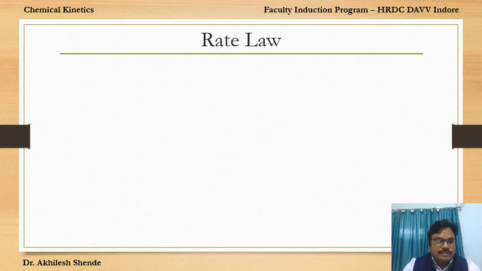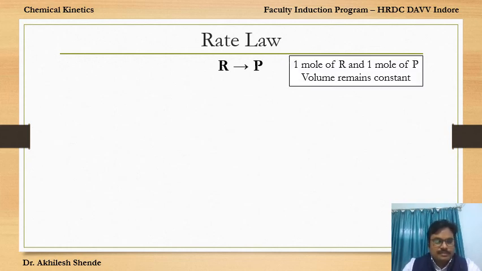So let's try to derive the mathematical expression for rate law. Take an example where reactant R produces product P. From the previous lecture, we have taken 1 mole of reactant and 1 mole of product, and volume remains constant.